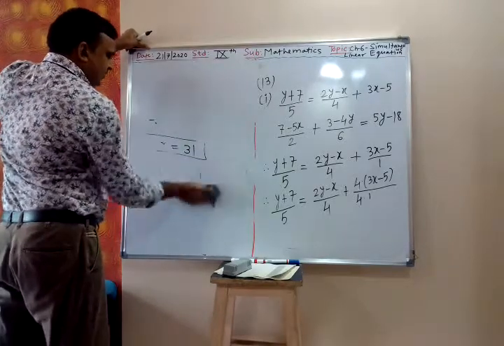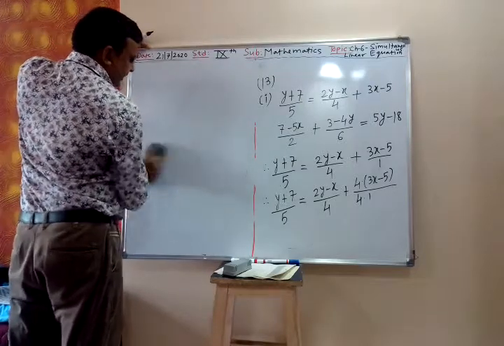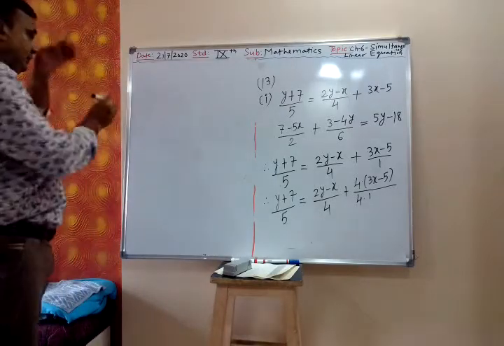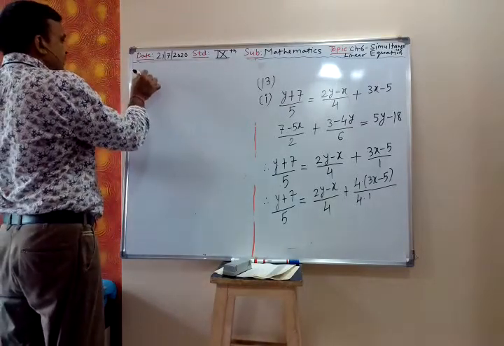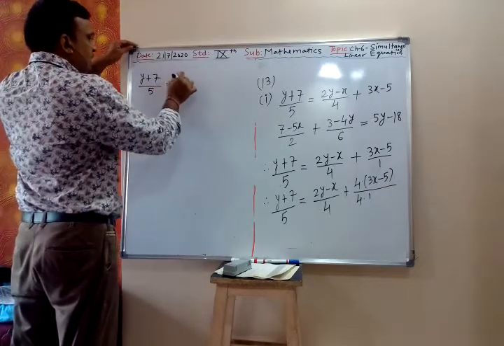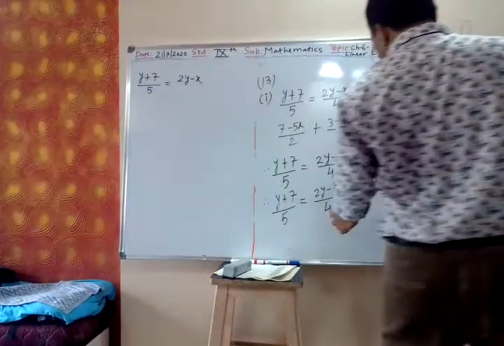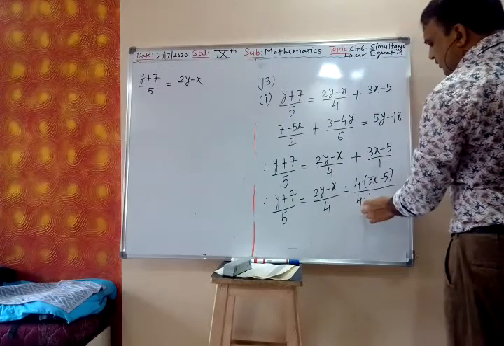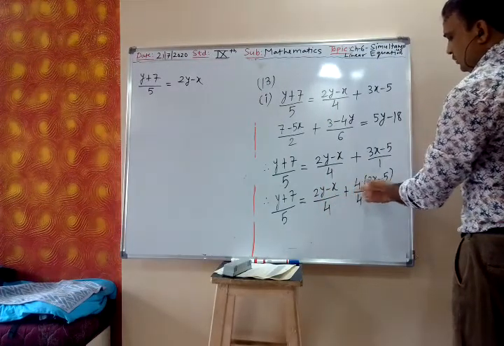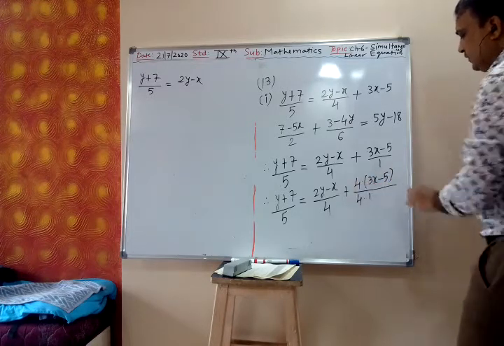So y plus 7 upon 5, simplify that. Y plus 7 upon 5 is equal to 2y minus x. Now I am doing directly. Denominator is the same, 4, so I can simplify the numerator. 2y minus x plus 4 into 3, 12x, plus into minus minus 4 into 5, 20.